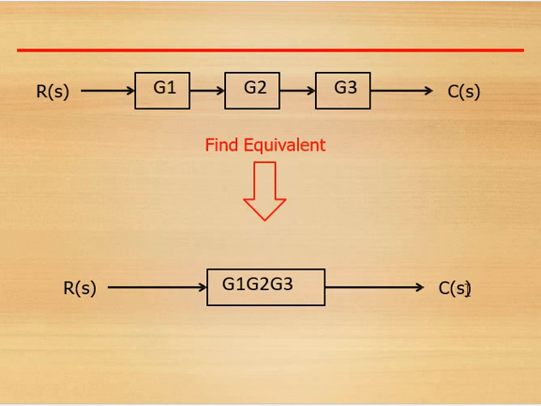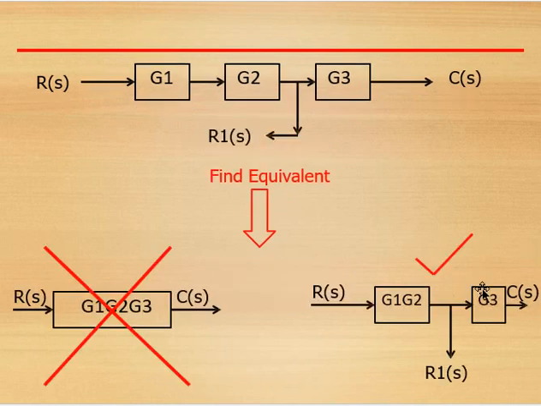The input is R(s) and output is C(s). But while using this rule, you have to keep one important thing in mind: suppose there is a takeoff point in between any two blocks, then this rule should not be used directly.